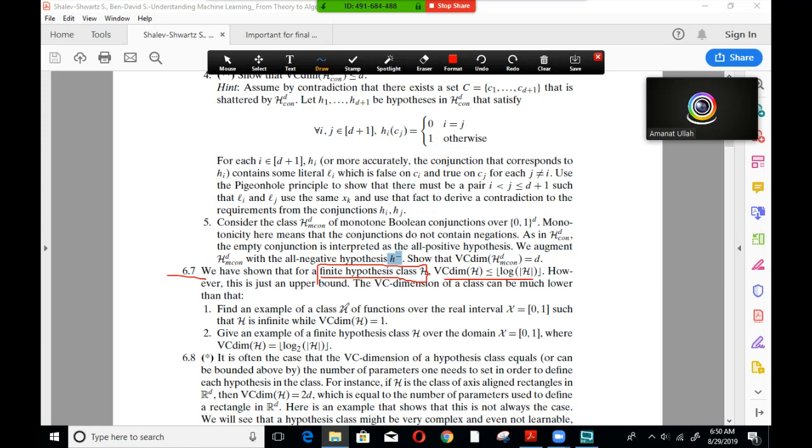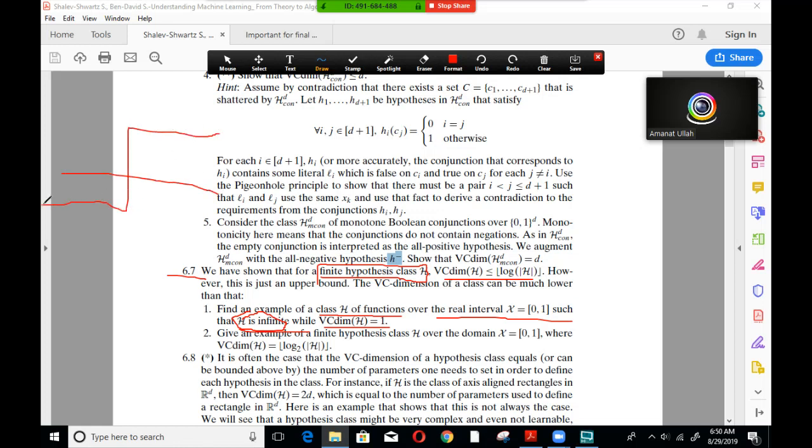Find an example of a hypothesis class over the real interval 0 and 1 such that H is infinite while the VC dimension is 1. So we have to find an example where the size of the hypothesis class is infinite but the VC dimension is 1.